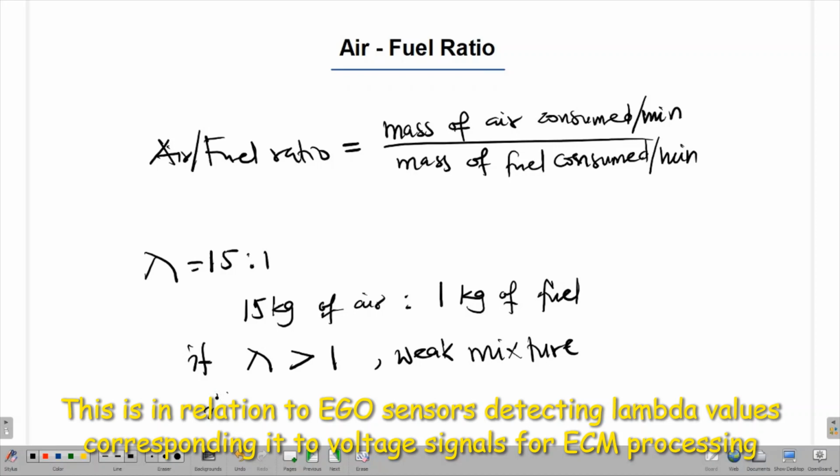But if lambda is less than 1, then we have what we call a rich mixture.